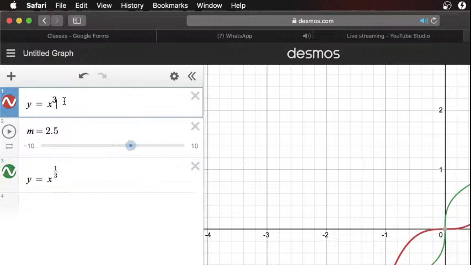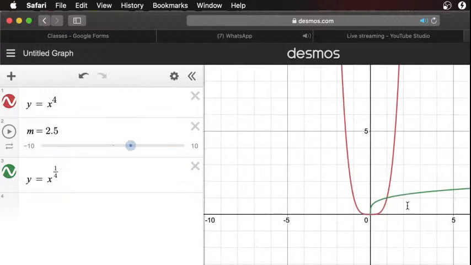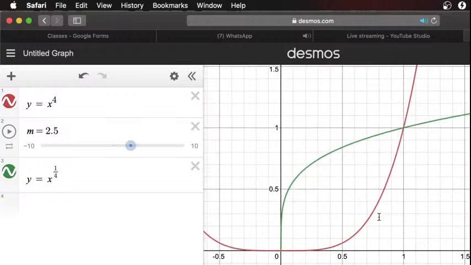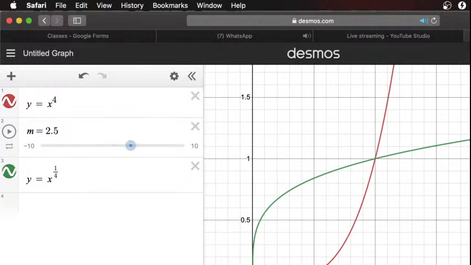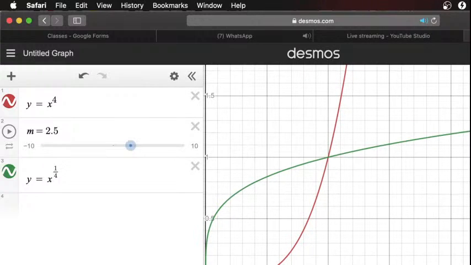Let's say I have y equals x power 4 and y equals x power 1 by 4. As we notice, the values of these two functions appear to be like a mirror image about this line x equals y. They're exactly symmetric here, and as you go along, they'll be symmetric here as well.